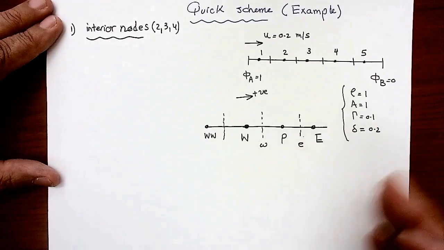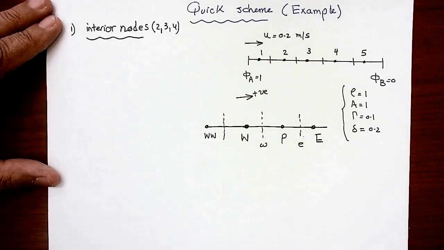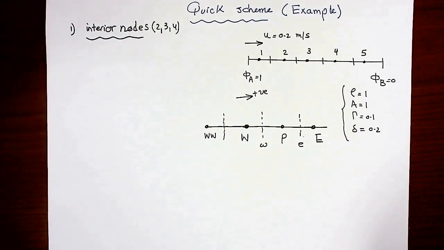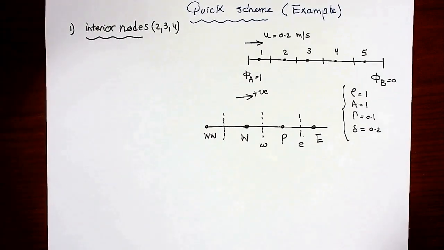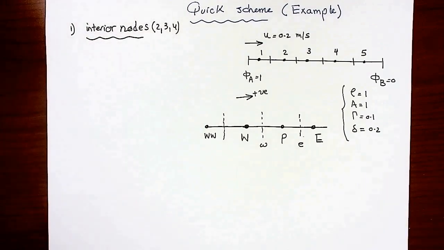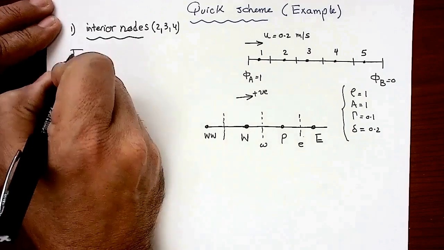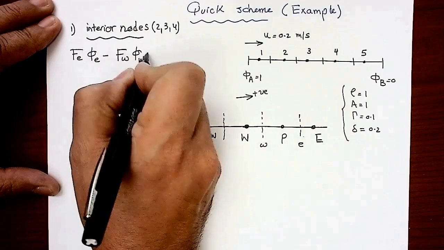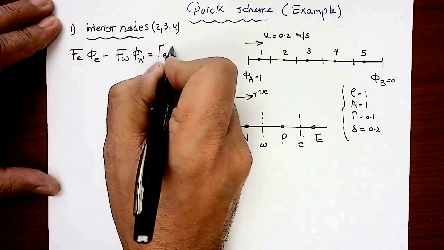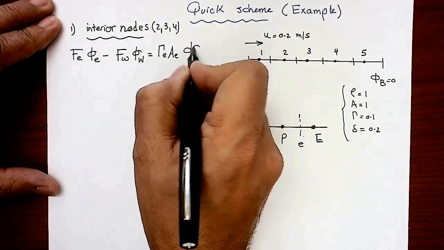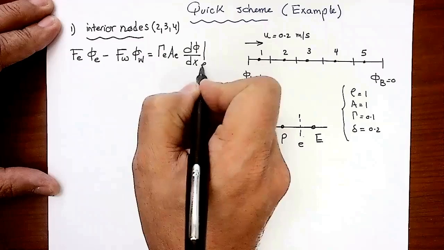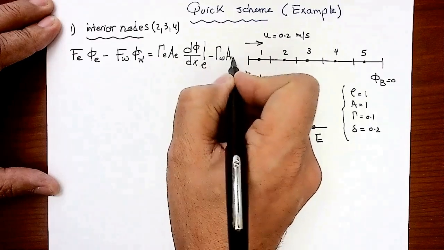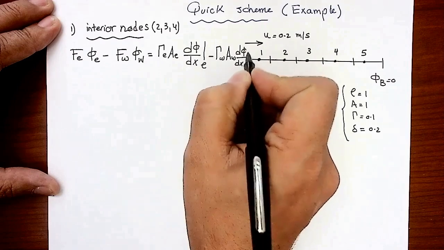So just as a reminder of how we did the scheme. Again, you start from the general transport equation. You do the integration over the cell volume, then use the divergence theorem to convert the integration over the control volume to the integration over the control surface boundaries, and you end up having F east phi east minus F west phi west equal to kappa east A east d phi by dx on the east face minus kappa west A west d phi by dx on the west face.